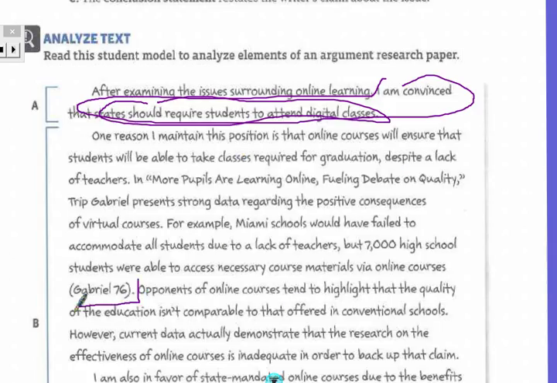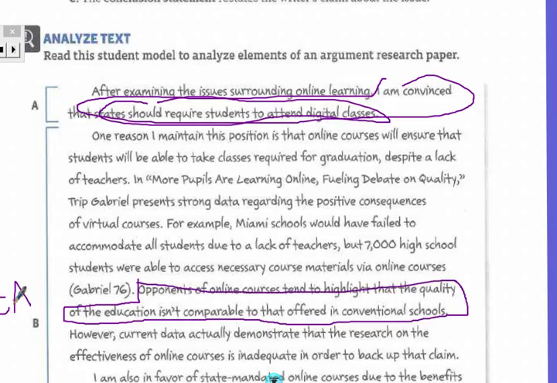So when you talk about what the other side thinks, the opposition, that is called our counterargument or counterclaim. So what I think, why, what the other side thinks, but why I'm right. However, current data actually demonstrate that the research on the effectiveness of online courses is inadequate in order to back up that claim.